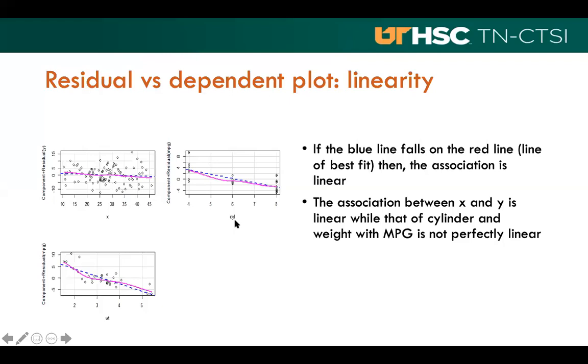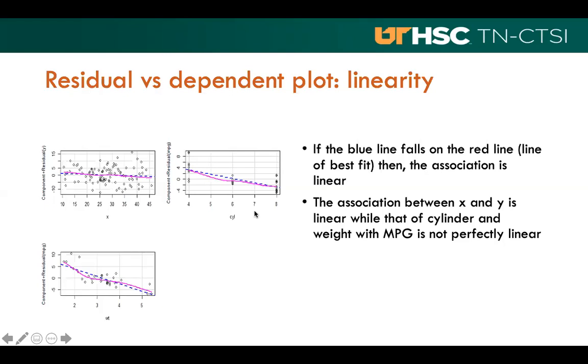So for the cylinder and miles per gallon, the blue line deviates from the red line. This is an indication that linear regression might not be appropriate for examining the association between the cylinder and miles per gallon.